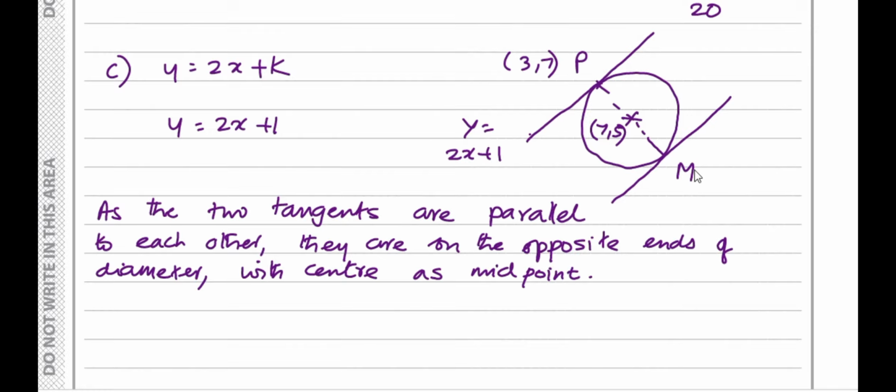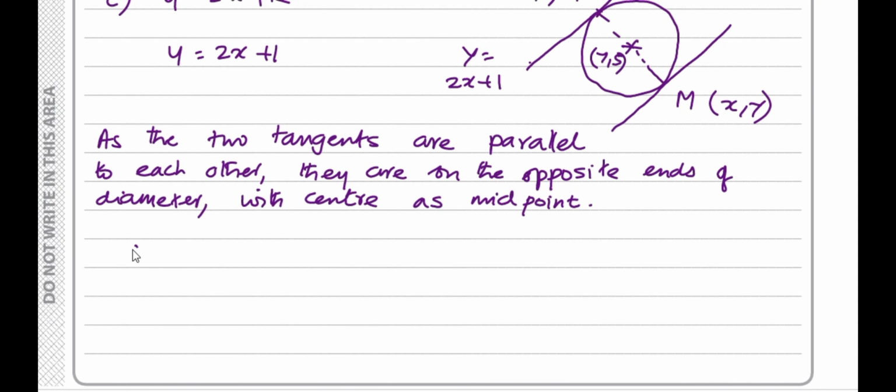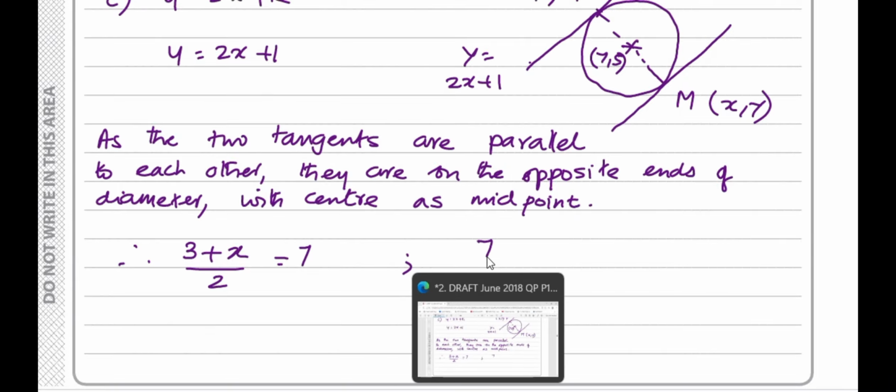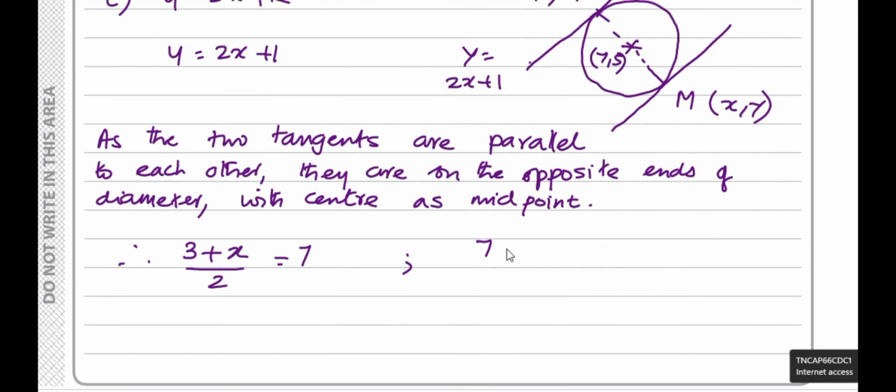Let's call M (x, y). From point P and the center, we will be able to figure out what x and y are. Therefore, 3 add x over 2 is 7, the x coordinate of the center, and 7 add y over 2 is equal to 5, the y coordinate of the center.